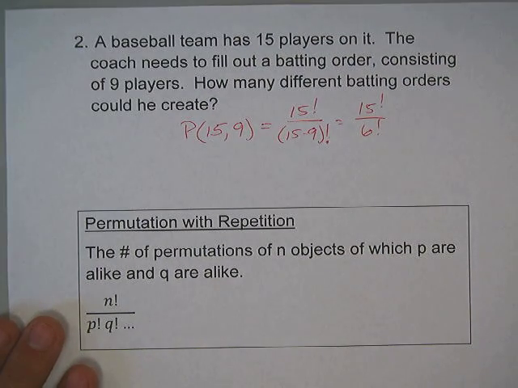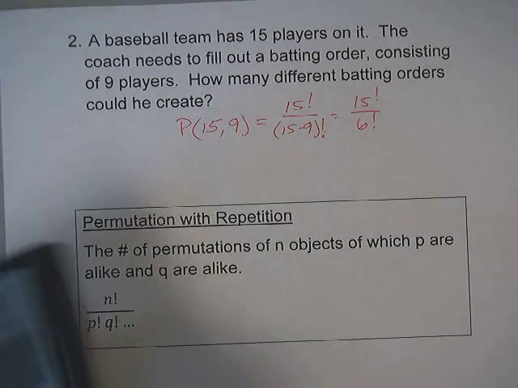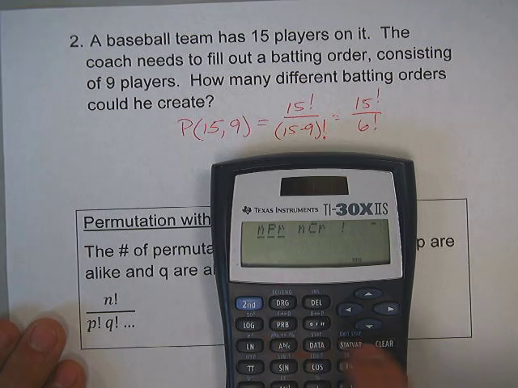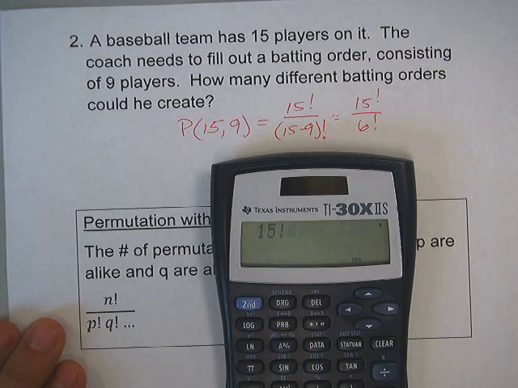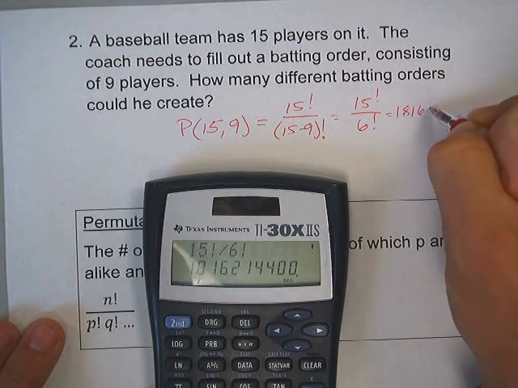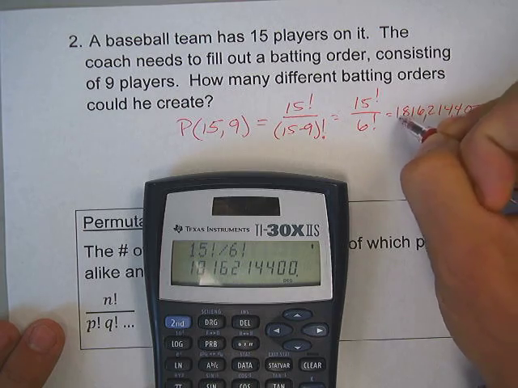Well, that's 15 factorial over 6 factorial. You can take your calculator and do that. If I was using my calculator here, I would do 15 factorial divided by 6 factorial. And whew, I get a big number right there.